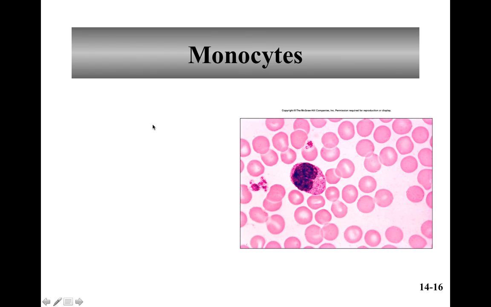Monocytes are the largest blood cell. They have this kidney-shaped or oval nucleus. Monocytes just circulate around in the blood, and then when they leave the bloodstream and enter some damaged tissue, they become macrophages, really large macrophages. These make up 3% to 9% of our leukocytes.